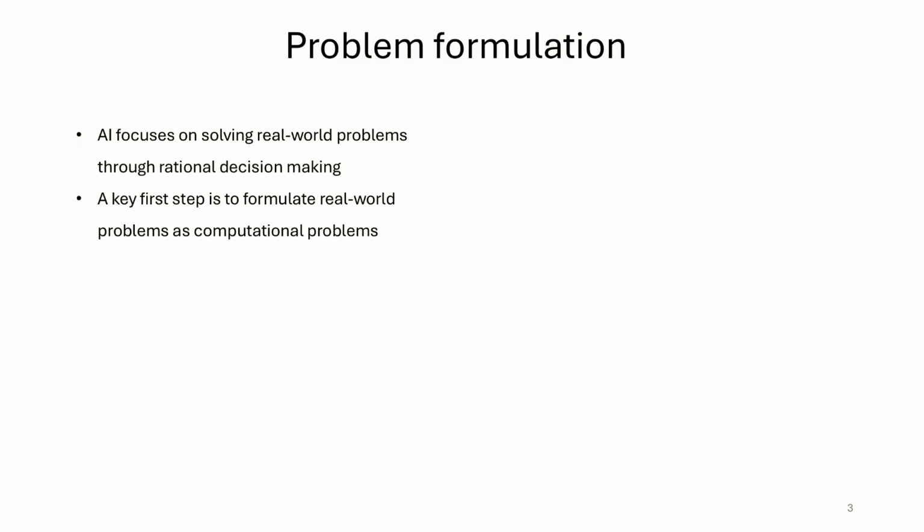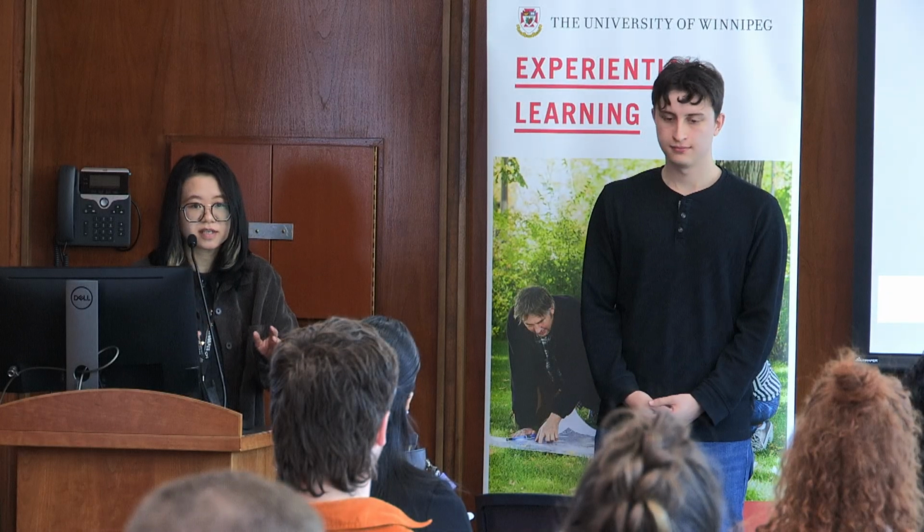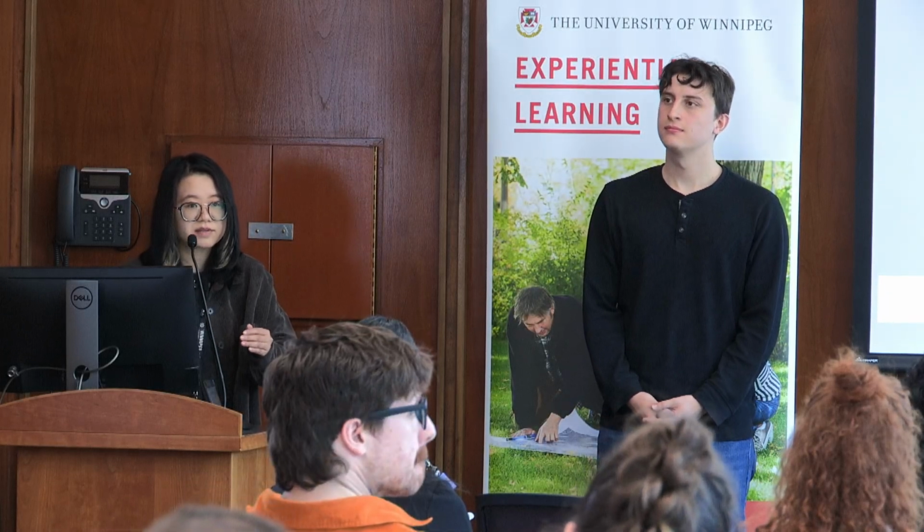When I was teaching problem formulation, like how can we make a machine smart or intelligent in solving real world problems, the first thing is to transform the real problem into a math or computer problem, so computers and algorithms can solve it.